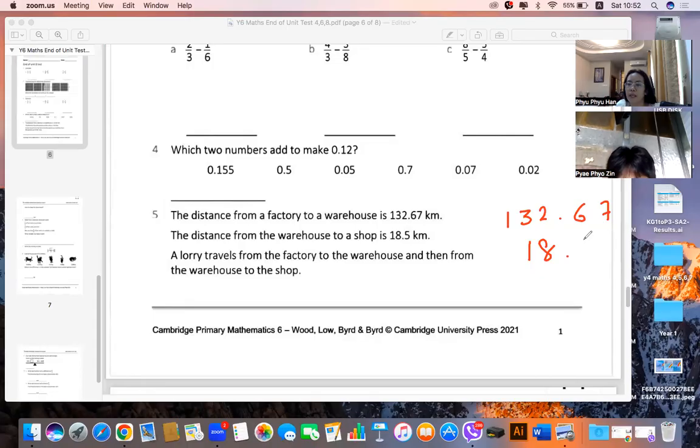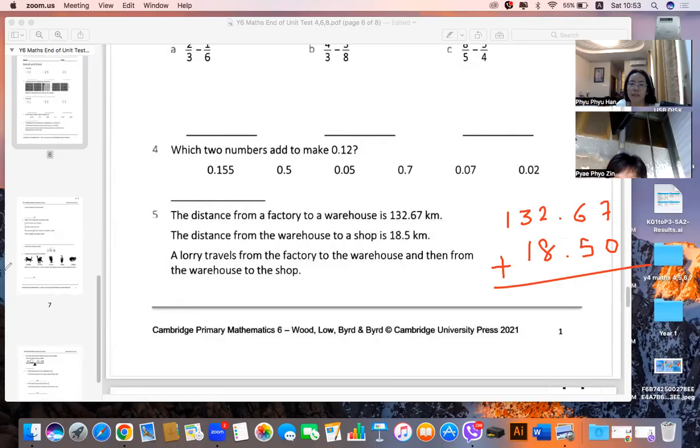The 5 is in the tenths place, so if you do not want to leave it blank, you can put 0 to calculate. Then you calculate and get the answer. This 5 you cannot write under 7. It is in the tenths place, so you need to write it under the tenths place of 6, 6 under 6. So when you do decimal addition, you need to write in the correct place.